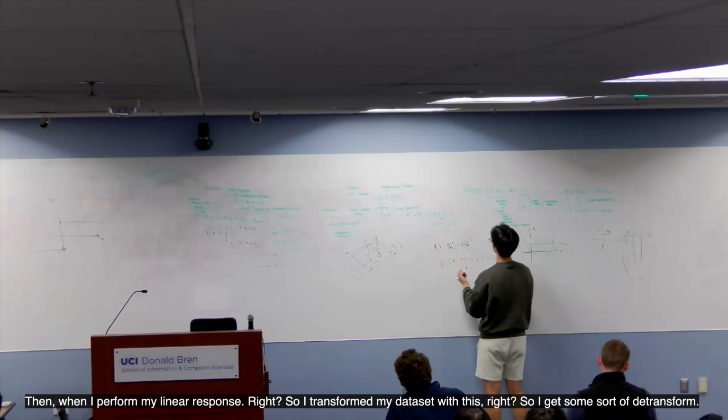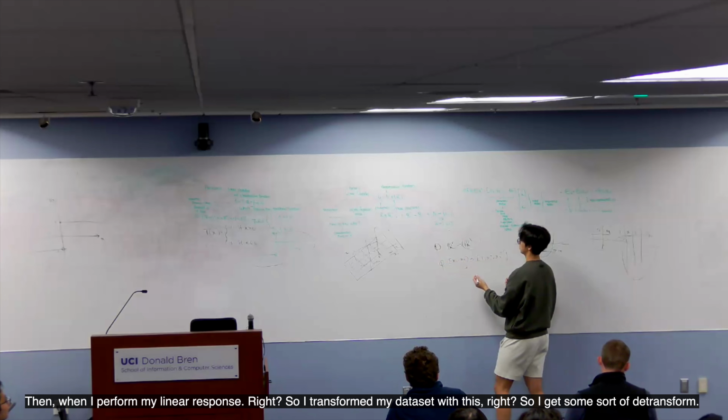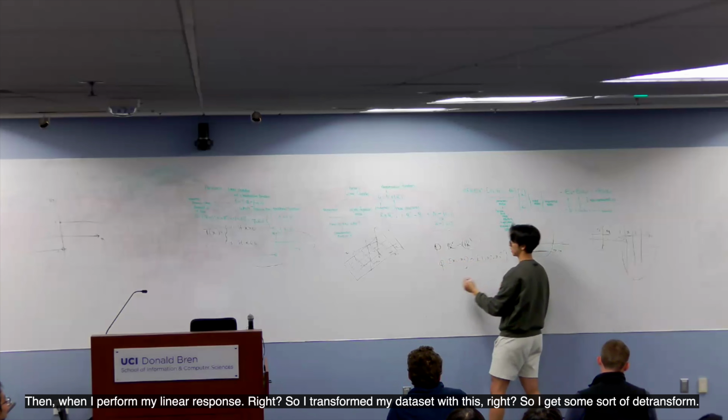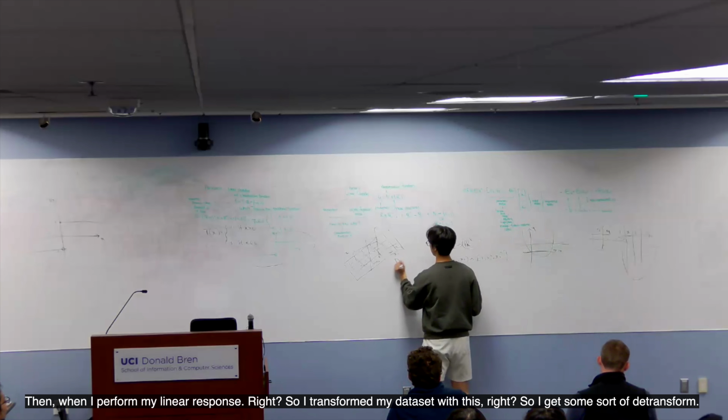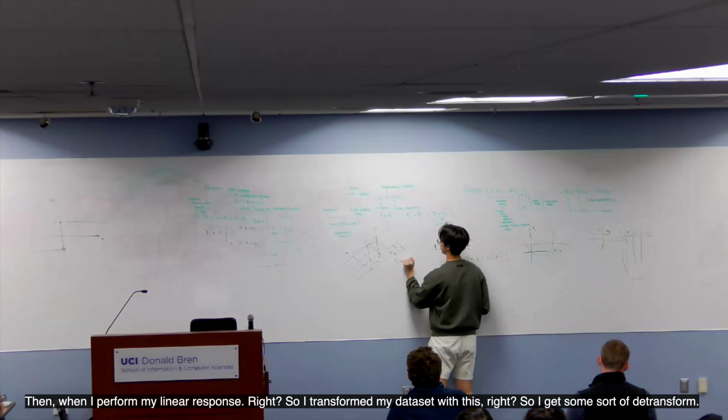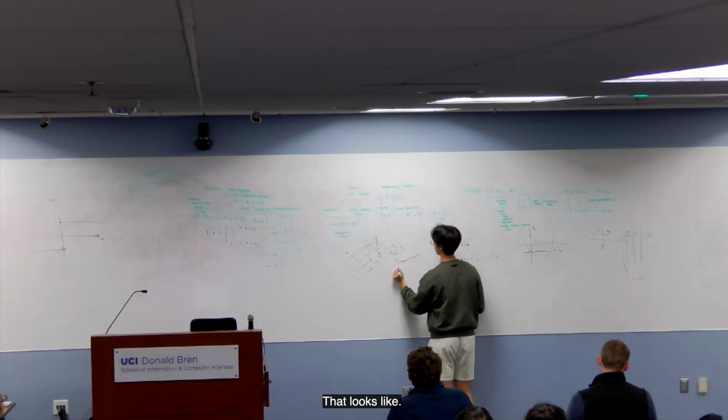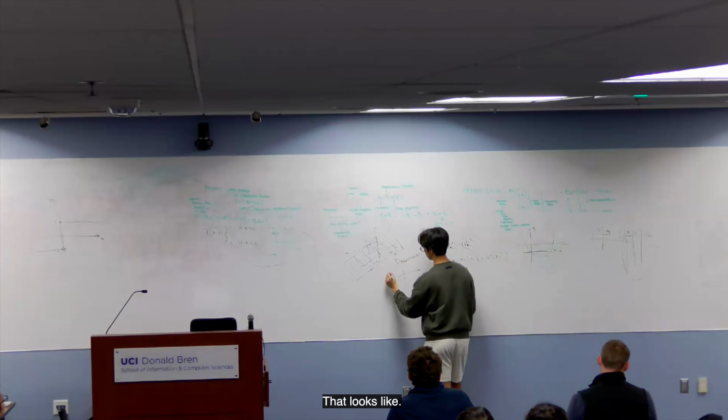when I perform my linear response, I transform my data set with this, so I get some sort of transformed data set that looks like 1, x1 squared, x2 squared.